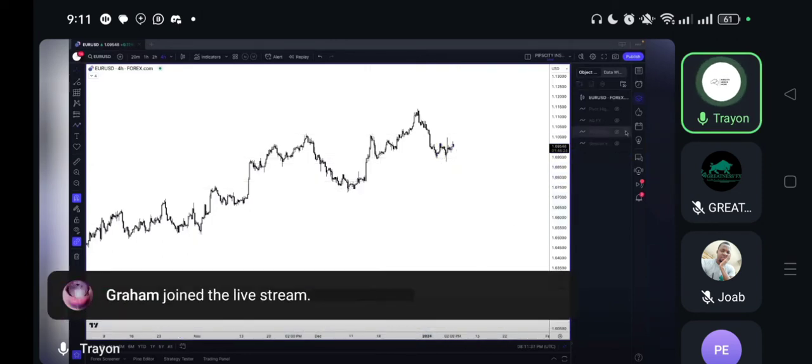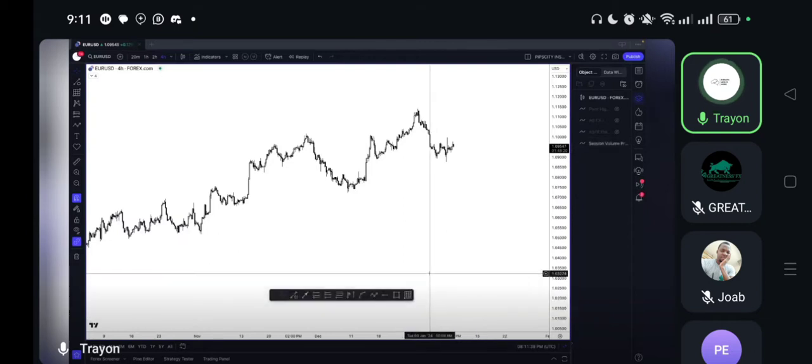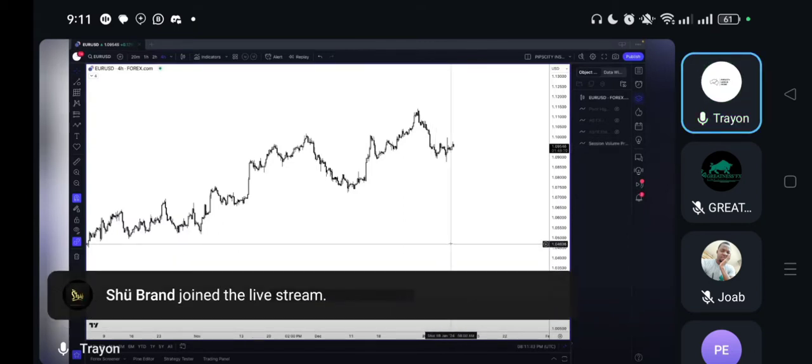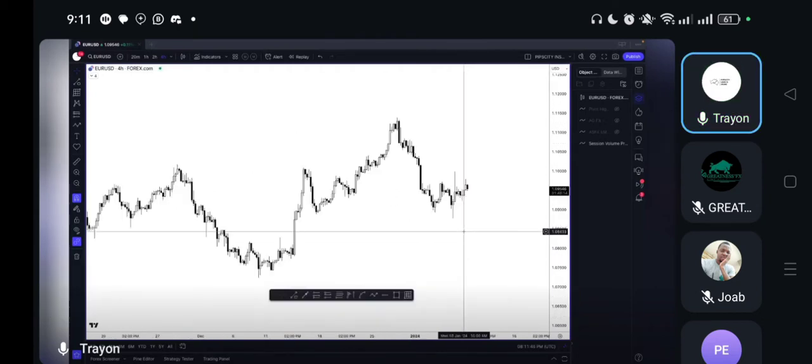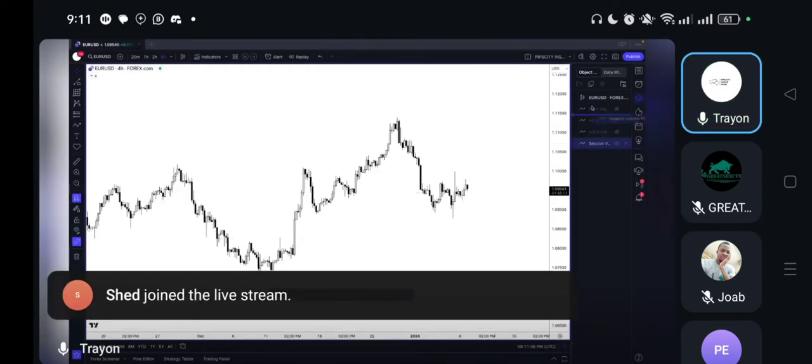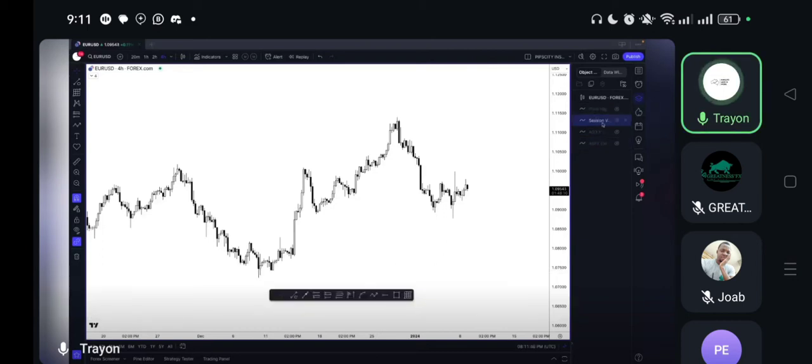First off, let's see where there is volume in this chart. So turning this on should show right now. Why is it not showing on this time frame?